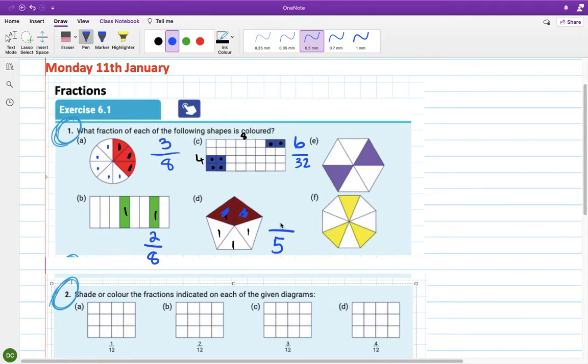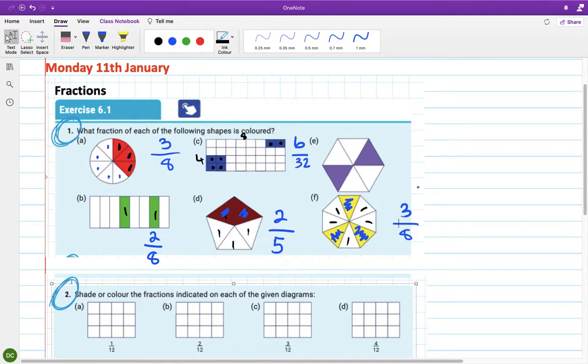This one and this one, which is 2. Last one. 1, 2, 3, 4, 5, 6, 7, 8 is my total number of segments that the shape is broken into. And then 1, 2, 3 of them coloured in.